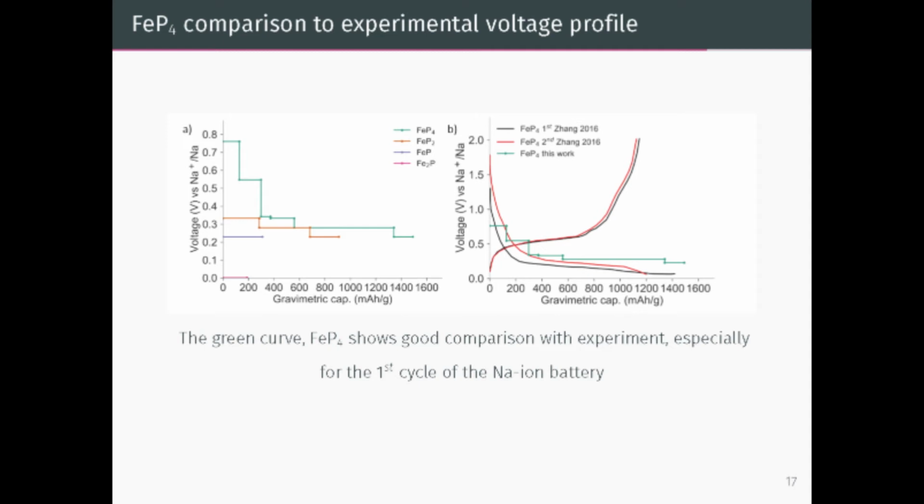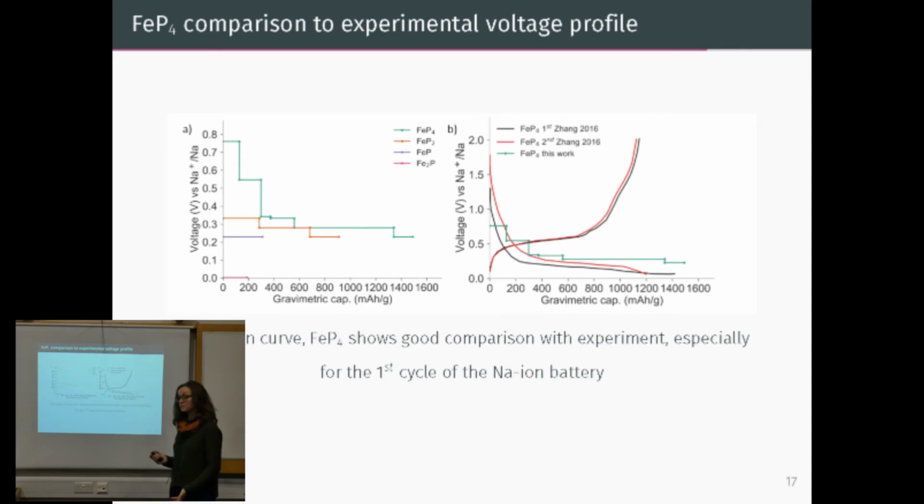And so these phases indicate this is potentially the pathway that we're taking from just the FeP4 anode all the way down to sodium. For the rest of the iron phosphides, they didn't really show any capacity to be cycled versus sodium, but this one did, and fortunately this was also the anode material that was used in an experimental paper.